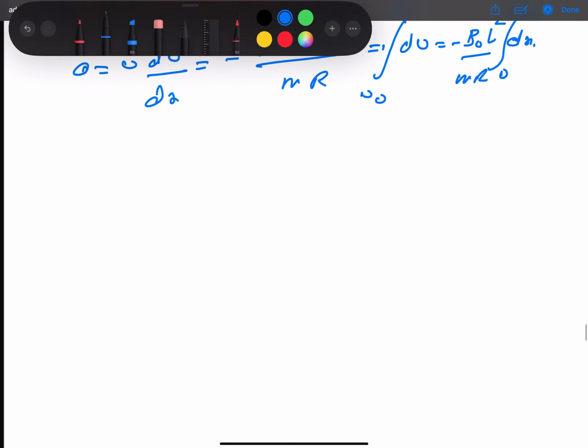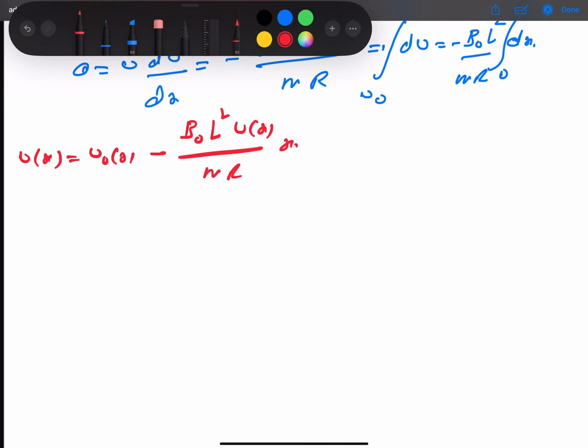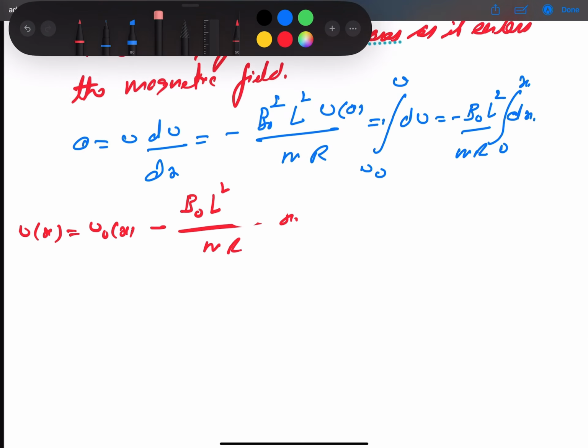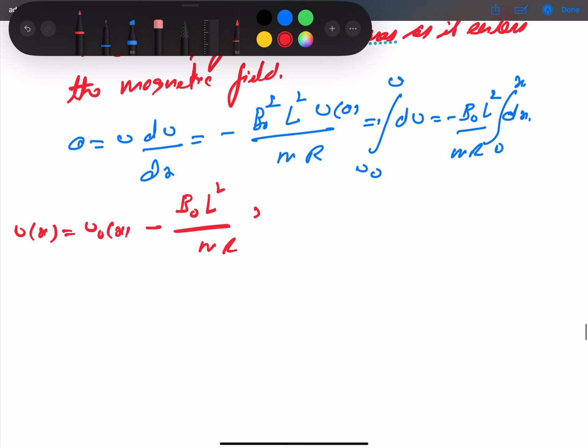Therefore, we can write that our v is equal to v naught minus B naught square L square divided by mR multiplied by x.